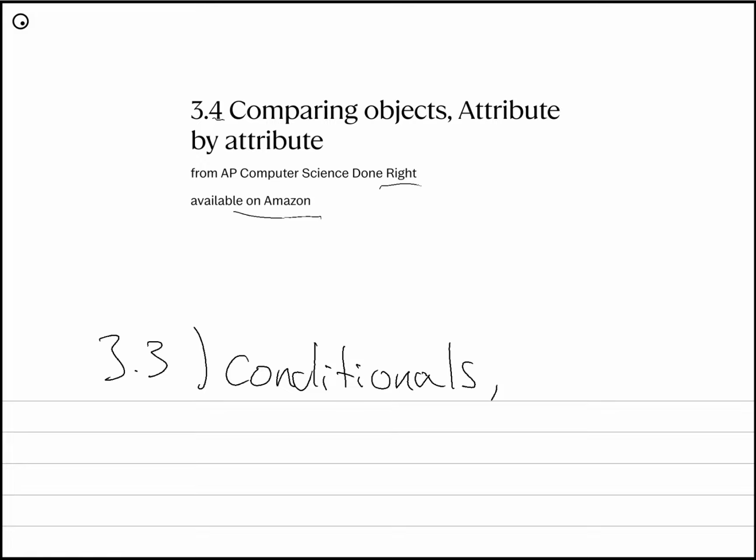We learned about the keywords if, else, and Boolean with some examples, and we learned how to use them. Exactly. So today would actually be a fairly short session, but we're going to learn about equals.